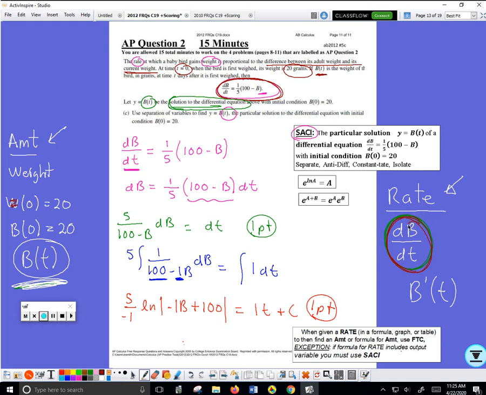So I know the output variable is B and the input variable is t. So my equation here for dB/dt includes the output variable B, which means my formula for the rate includes the output variable, and they're asking me to find the formula for the amount, that's how I know I have to use Sassi.